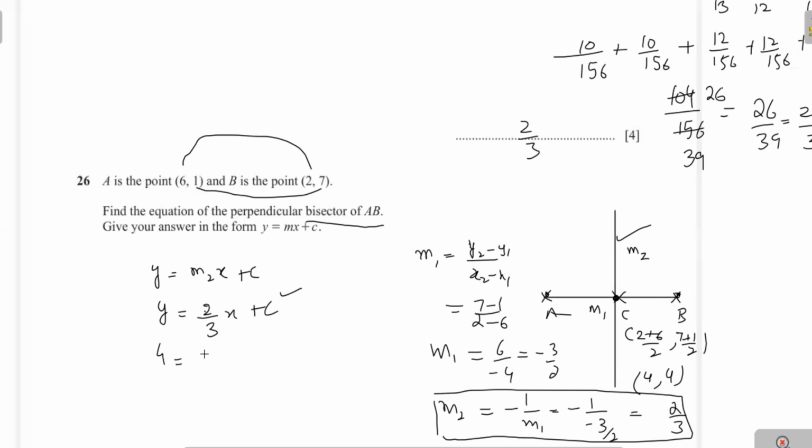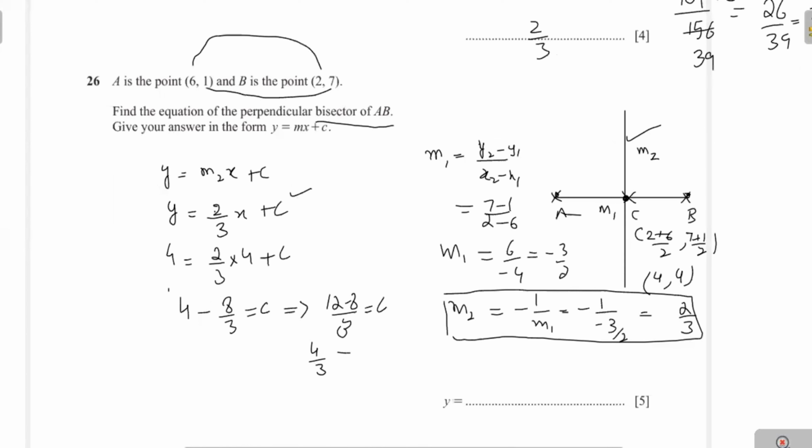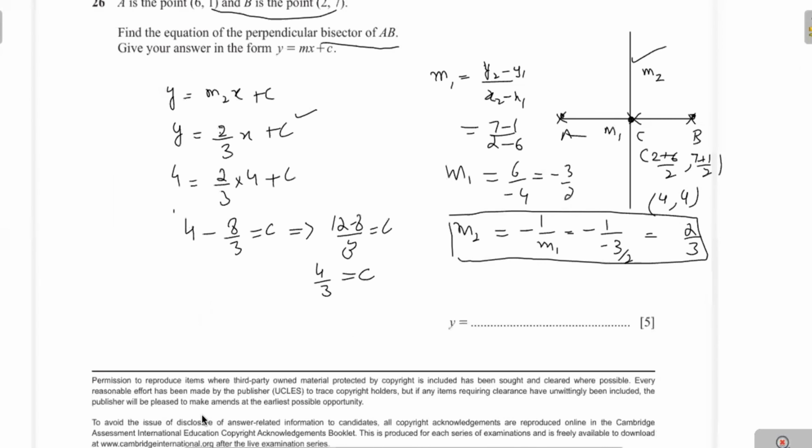This will be 4 equals 2 over 3 multiplied by 4 plus c, so 4 minus 8 over 3 will be equal to c, and c will be equal to 12 minus 8 over 3, which is 4 over 3. And when we substitute the value of c in this equation, we get y equals 2 over 3 x plus 4 over 3. This is the equation of the line.